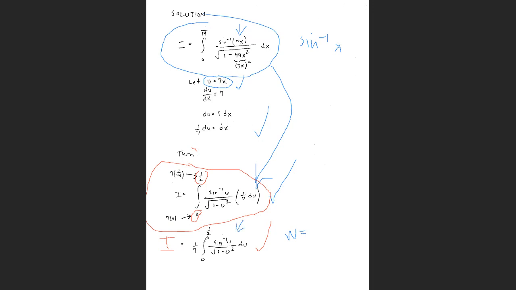What's kind of the difficult part of the problem, if you look at the integrand here? The square root. Well, Maria, the square root's difficult, but we're going to use it to help us. We're actually going to let w equal the arc sine of u. And I'll show you why this works.